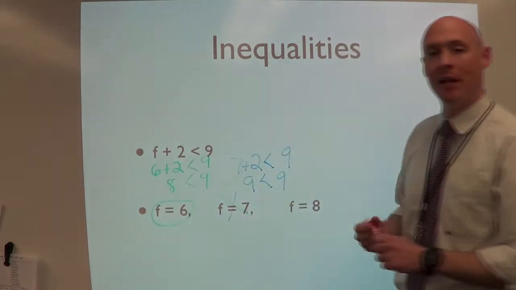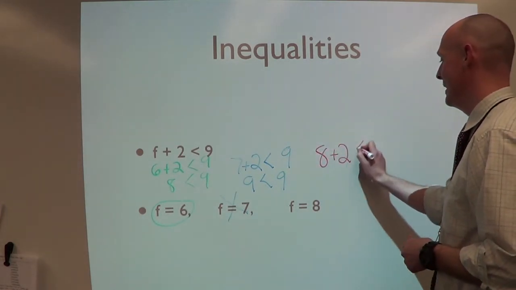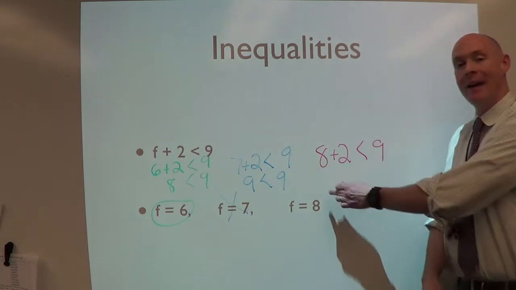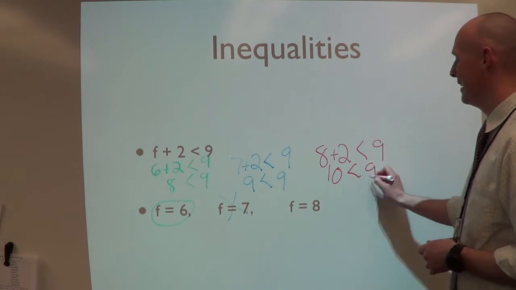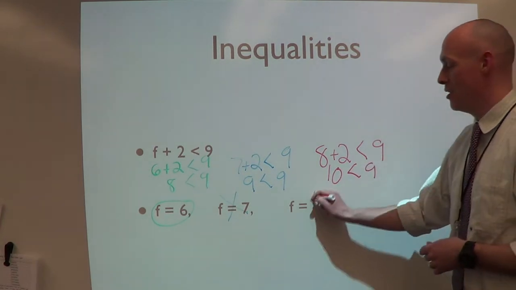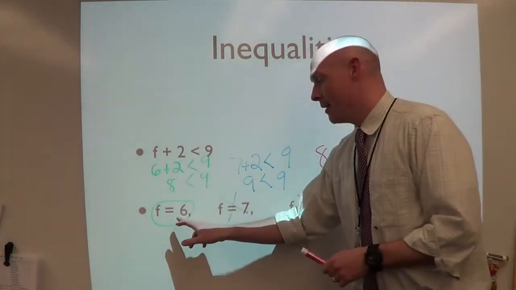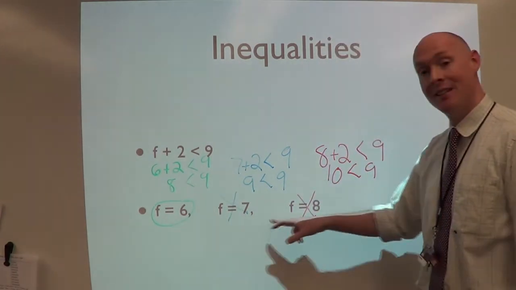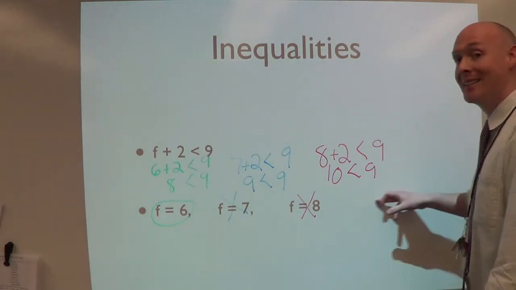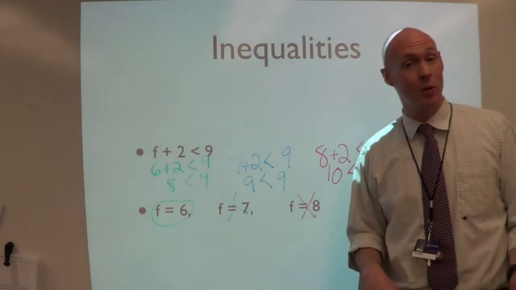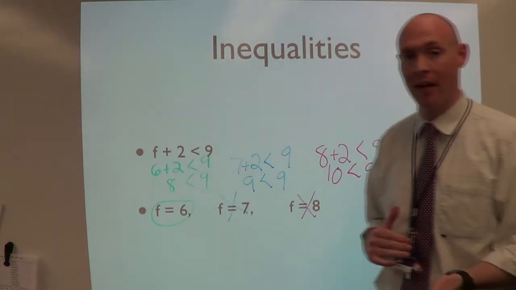Instead of f, we're going to replace it with an 8. So it's going to be 8 plus 2 is less than 9. 8 plus 2 is 10. Is 10 less than 9? No, it does not. So what you're probably noticing is that there's a pattern. 6 worked, 7 doesn't, 8 doesn't. It's probably safe to assume that 9, 10, 11, those wouldn't work either. So probably the higher you go, the numbers wouldn't work anymore.